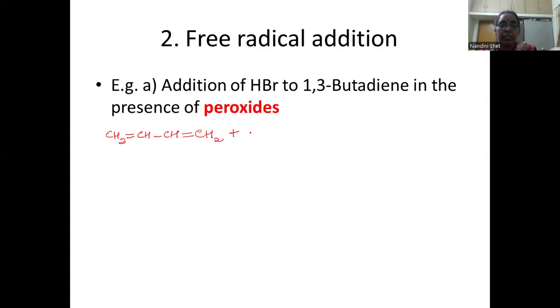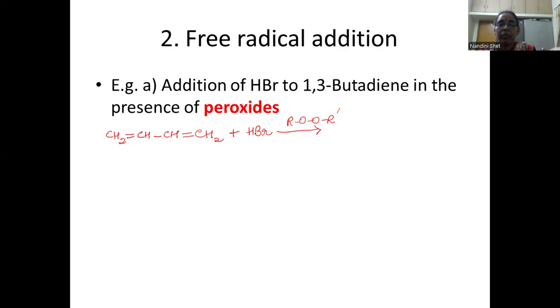In the sense the reactants are same, but now if it has to be free radical addition, the reaction has to be carried out in the presence of peroxides. In general, I can write the formula of peroxide like this. Anything which has got a OO linkage, that is peroxide. It acts as a radical initiator and it helps in the formation of free radicals.